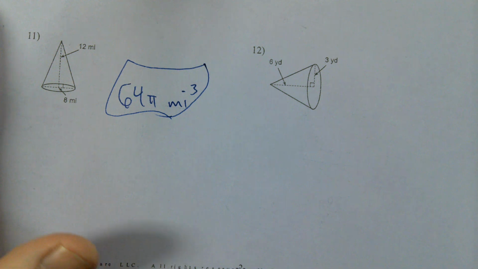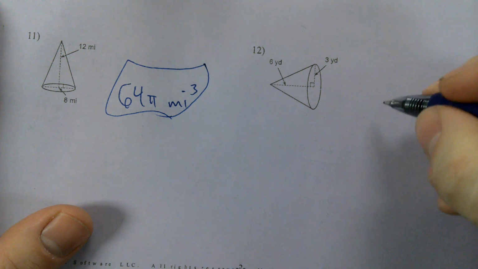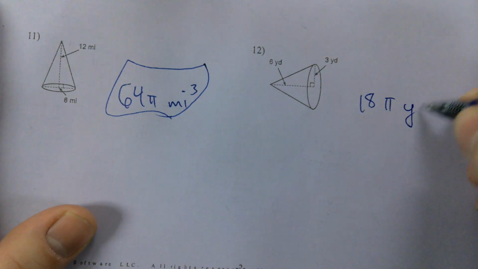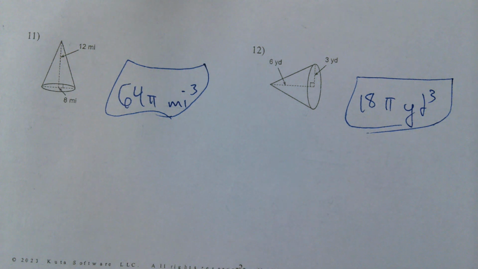Can't leave that out. And finally, we get 18 pi yards cubed for number 12. All we're doing here is squaring the radius, multiplying it by the height, and then dividing it by 3.